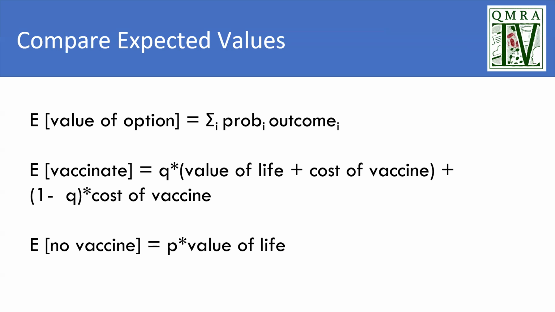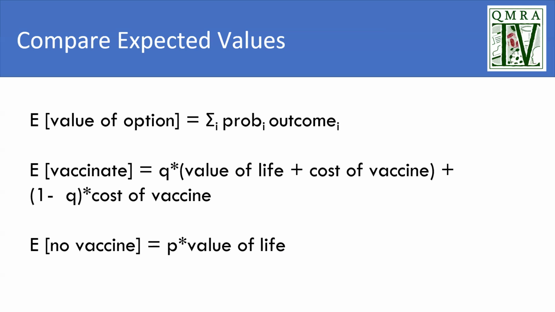The cost associated with no vaccine is just going to be P times the value of life. Recall that in the no vaccine case, if there was no death and it wasn't administered, then there was no cost. So we just have one term in the expected value equation for no vaccine. And this is how we would set up a problem where there's no threshold.